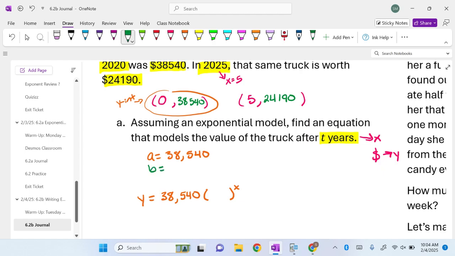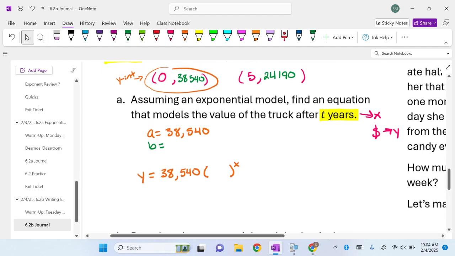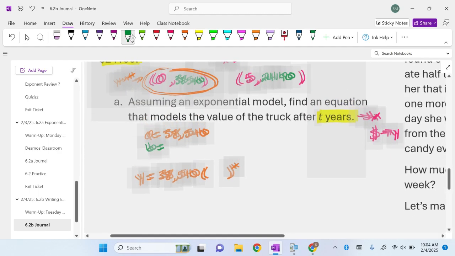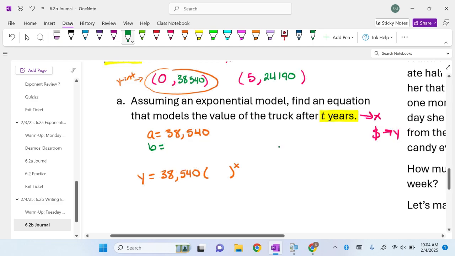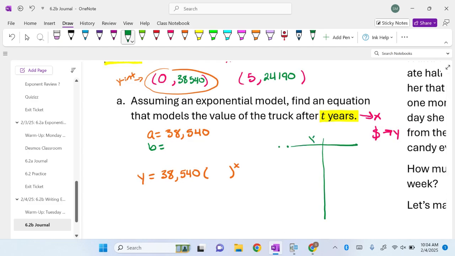And to do that, we're just going to do the same process that we've been doing. So I'm going to make a table, x, y. I'm going to put 0 and then 38,540. Leave a bunch of space. And then 5, 24,190.